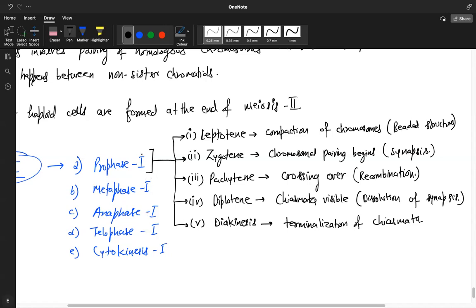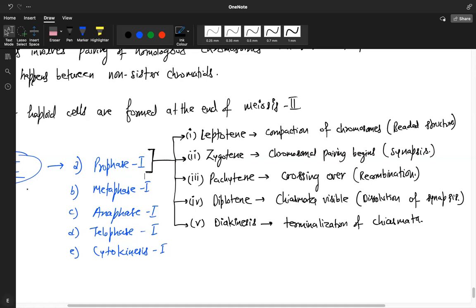Yes or no? And what used to happen in metaphase of mitosis? In the beginning of metaphase, the nuclear membrane will disappear, the envelope will break, and all the chromosomes will come out in the cytoplasm so that they can align on the metaphase plate.